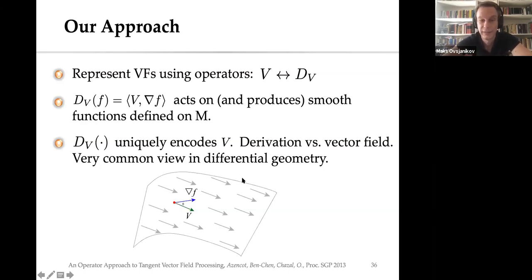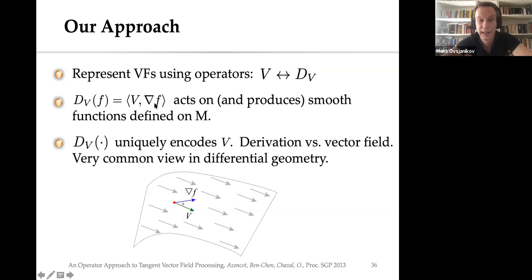So the idea is actually very simple. Suppose I have a vector field. We can associate to this vector field a linear operator, which we denote by D_v, and it's a linear operator that acts on functions. Given a function f, any real valued function, I can take the gradient of f, and then take the inner product at every point between the corresponding vector v_x and the gradient of f at x.